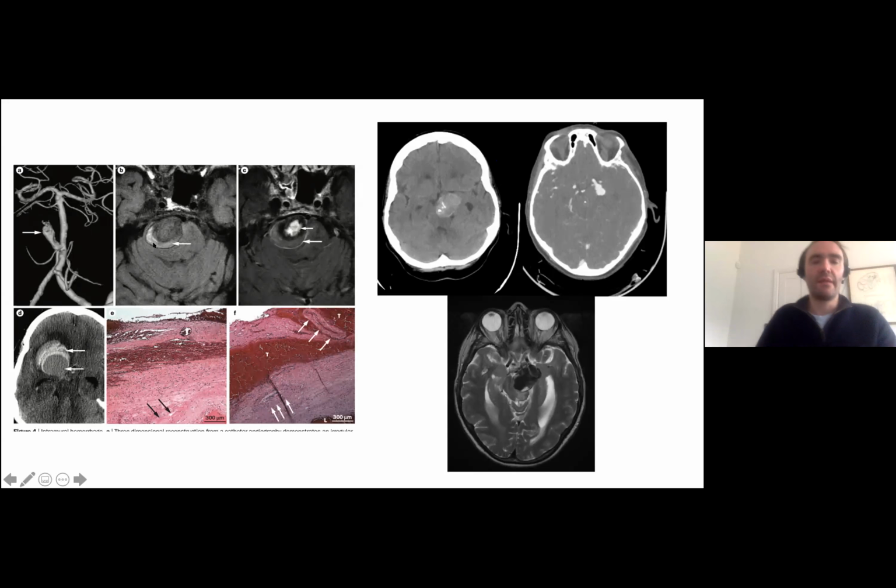Another interesting thing is that vasa vasorum, which are the tiny blood vessels which nourish the arterial wall in your body, they're not found in the brain.